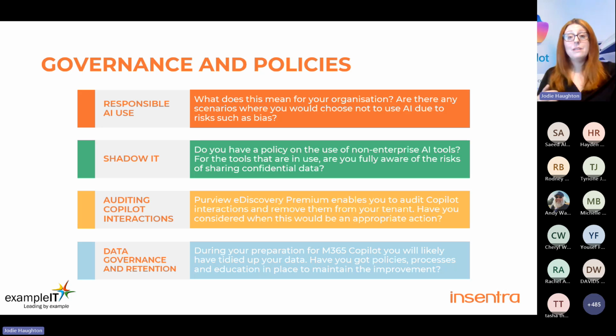So earlier on in this process, you will have gone through a whole raft of improvements to get your M365 tenant up to scratch. Don't throw that out the window by then not implementing ongoing data governance activities and by not keeping up with the user education side of this as well.